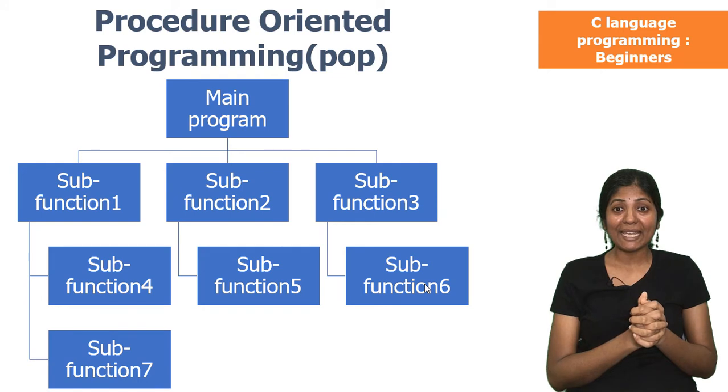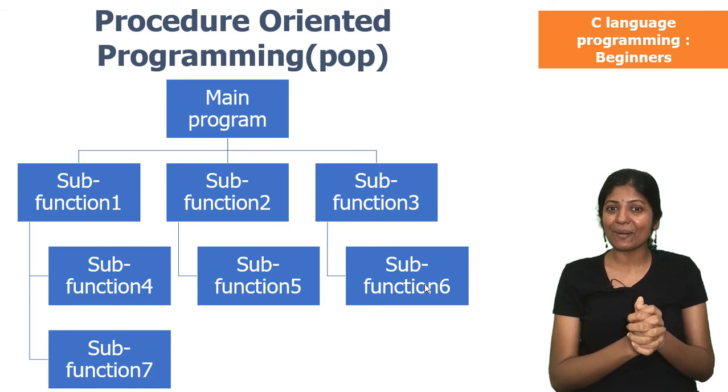We are following a systematic and structured approach to solve the problem using the concept of functions, right? Do you agree? Yes, it is. That's why C is also called structured or procedure oriented programming. Okay, let's move on to the next feature of C programming.